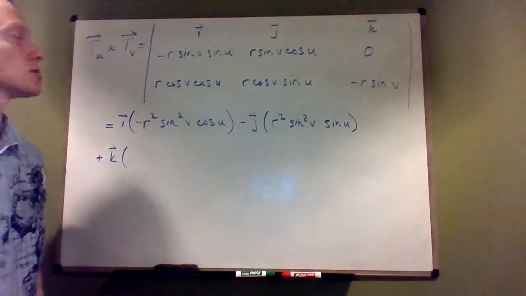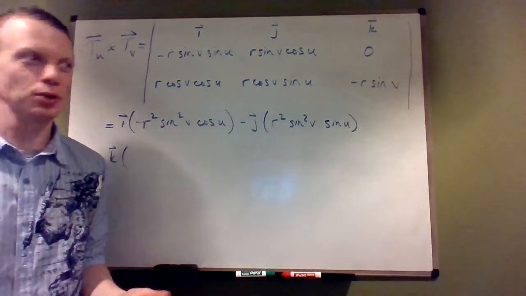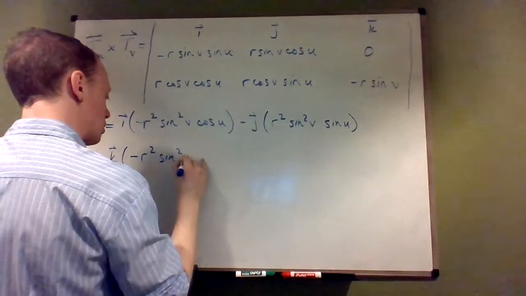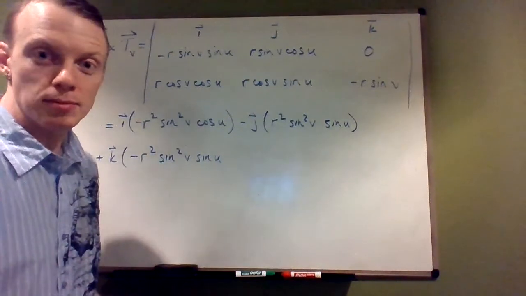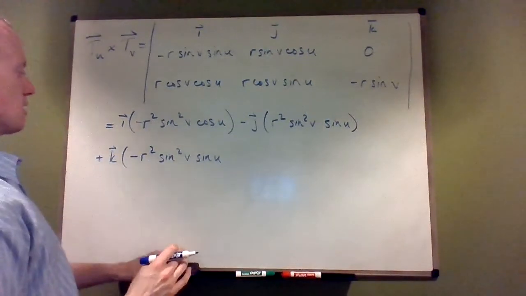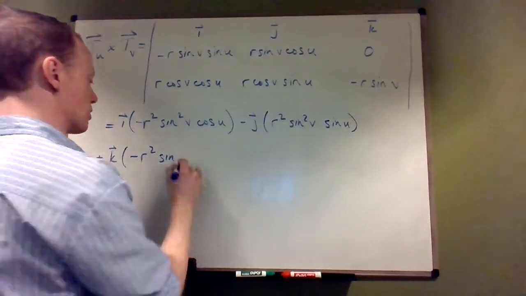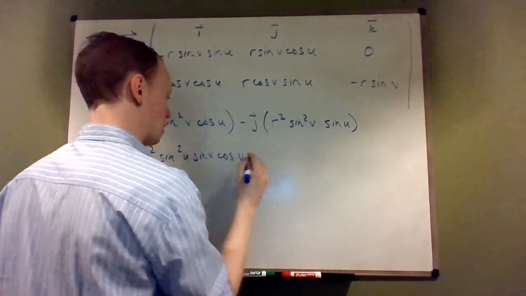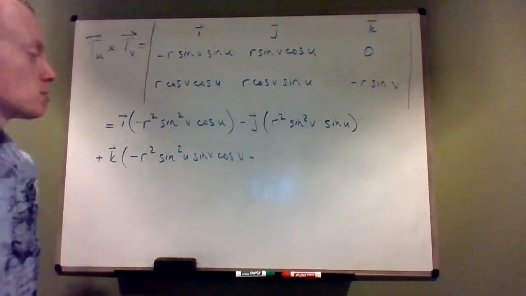Plus k hat times its minor, A times D minus B times C. This time we're going to get a little bit more: r squared sine v times cosine v times sine squared u, minus r squared times cosine squared u times sine v times cosine v.